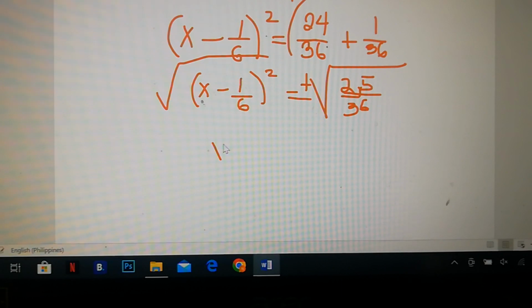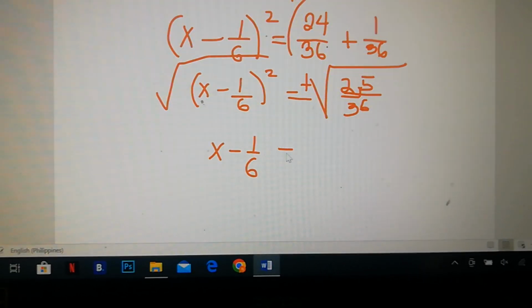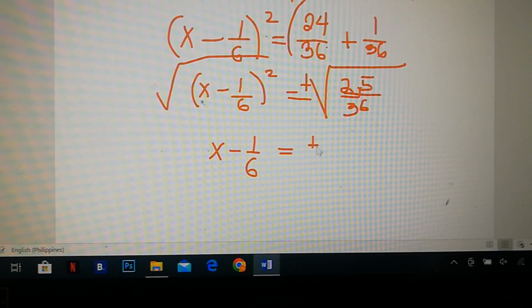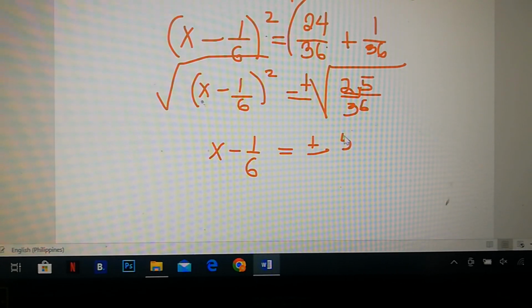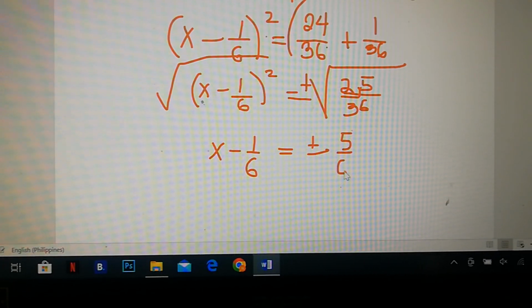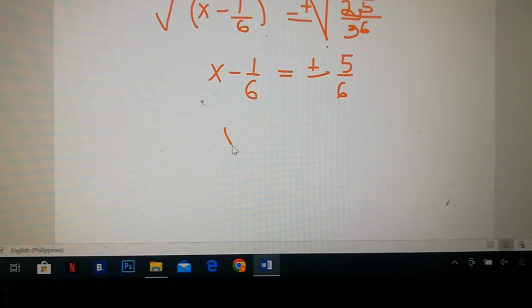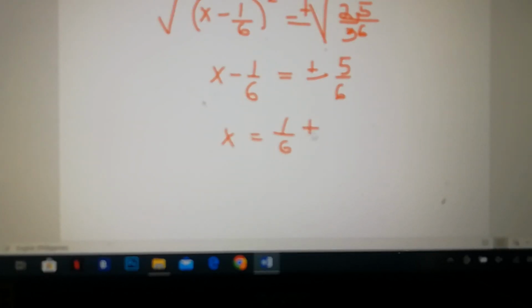Okay, so x minus 1/6 is equal to plus or minus 5/6. So x is equal to 1/6 plus or minus 5/6.